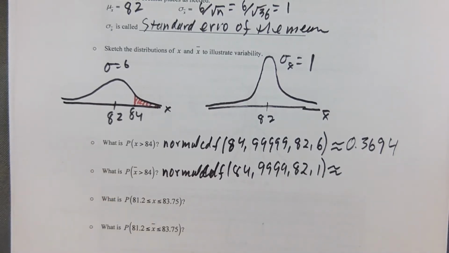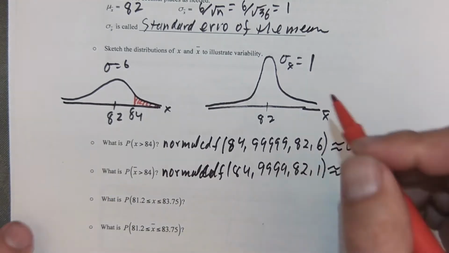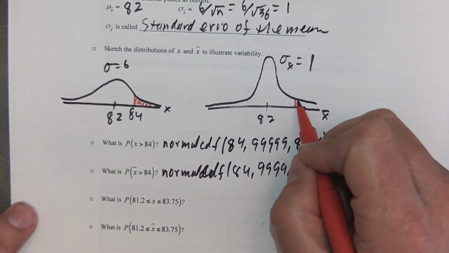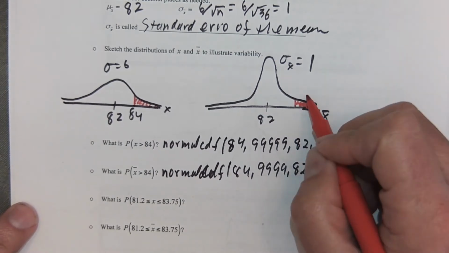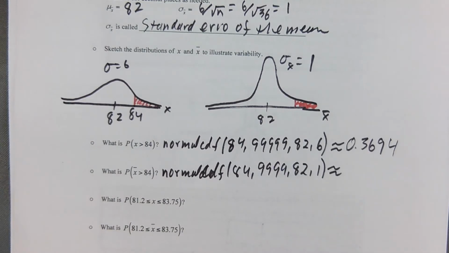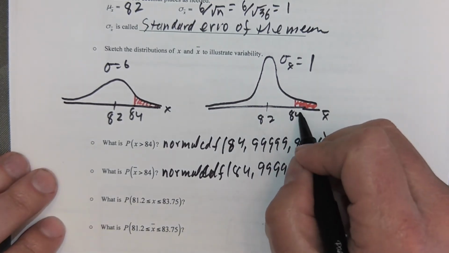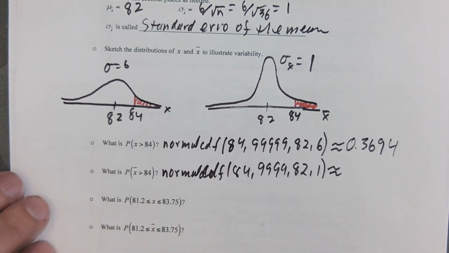Let me mark up this picture just a little bit. So now 84 is here, and you can see that's a lot less area than that's going to be, if my pictures were drawn better.